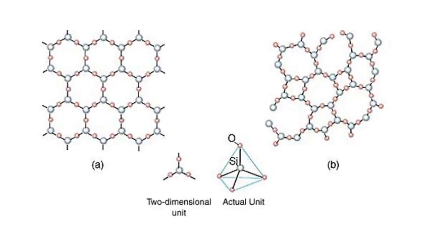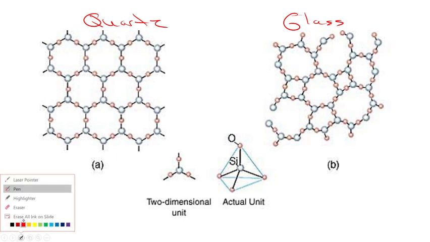As an example, I always like to show silicon dioxide in the amorphous and crystalline form, because these are things that you will probably be familiar with, in that this is quartz, which is the crystalline form of silicon dioxide, and this is glass, which is the amorphous form of silicon dioxide.